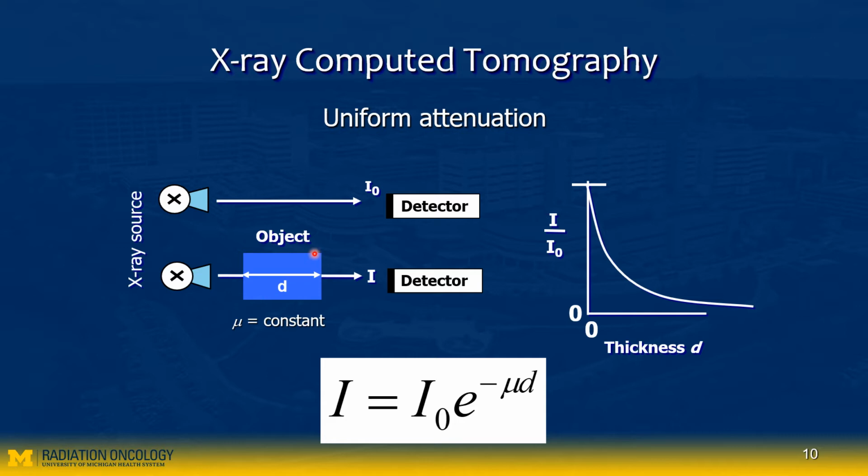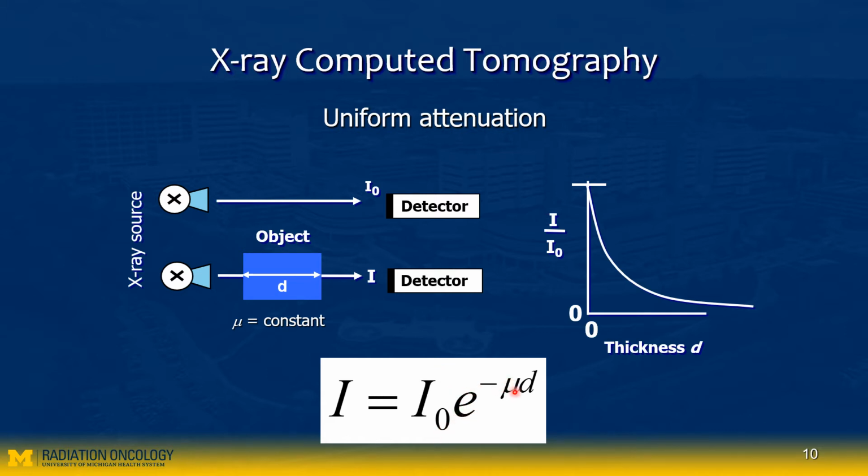But if you have an object with the thickness of D, and the material property says mu, where mu is constant, then the amount of radiation detected by the detector will depend on the total thickness and the material composition. In simple uniform attenuation, it is exponentially decayed. So the intensity at the detector is the original intensity I naught times an exponential decay.